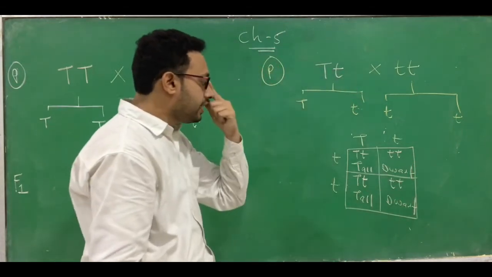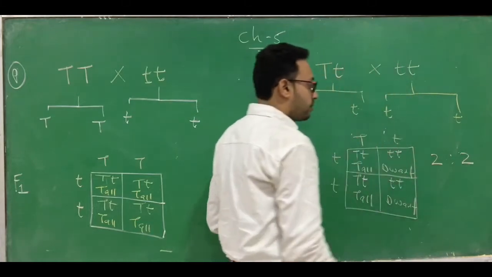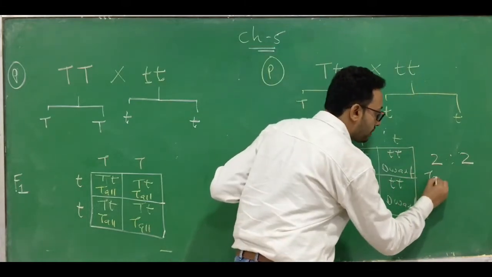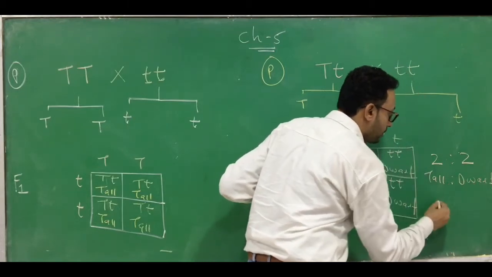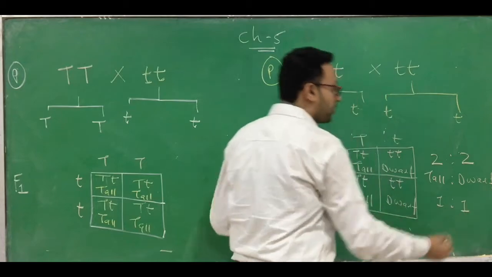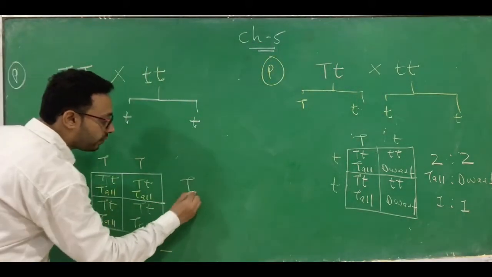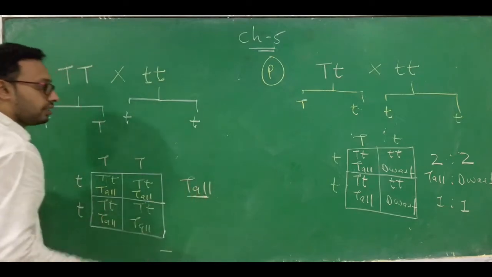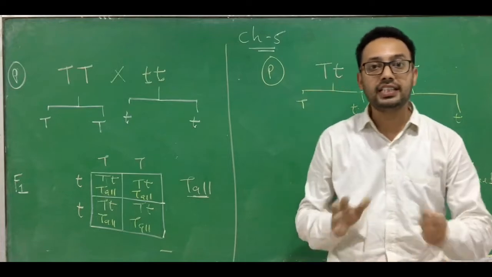So here you can see what the ratio is. 2 plants were tall, 2 plants were dwarf. So 2 is to 2, or you can say 1 is to 1. But here if you see, all plants were tall. So this is a method we call the test cross.